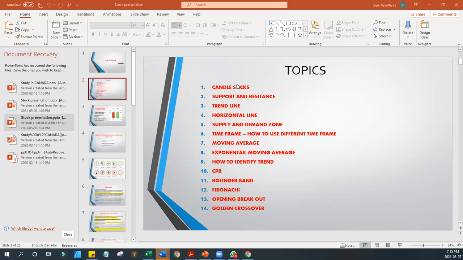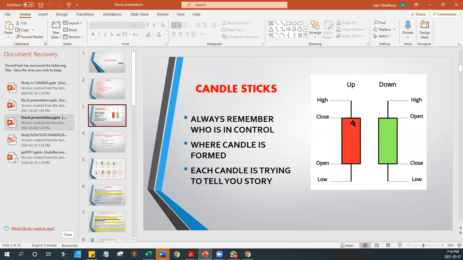Okay, so let's talk about the candlestick. What is the candlestick? Candlestick gives you an idea of the price: where it opens, where it closes, what was the high and what was the low. In the normal candle, the green candle usually opens from the bottom, goes up and closes here, whereas the red candle opens here and closes below.